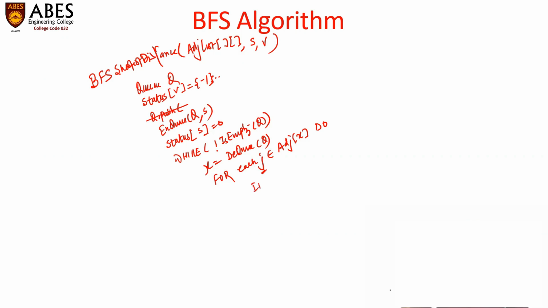We'll have to see the status of this J. So if the status of this J is unmarked, it means if the status of this J is -1, then we should visit this vertex.